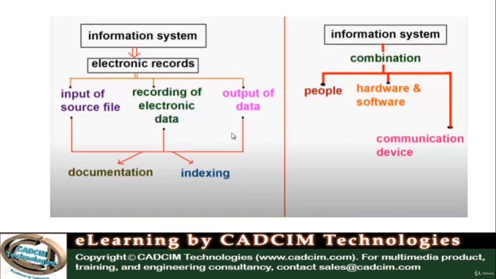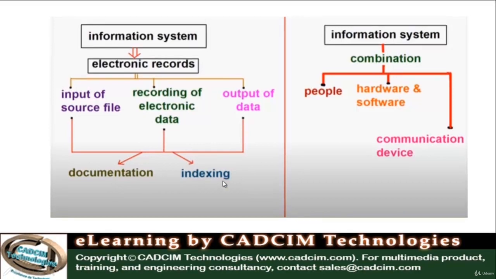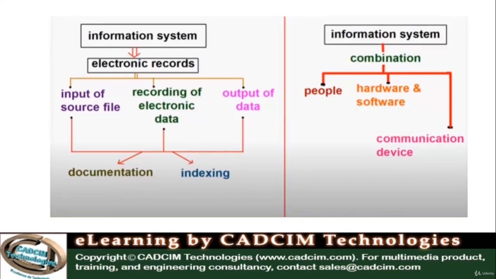After all the three processes are done, we do documentation and indexing. For example, the data of Lucknow is stored in processed form. Now, let's take new data of Delhi which is not processed. In order to process the data of Delhi, we need to check the processed data of Lucknow.